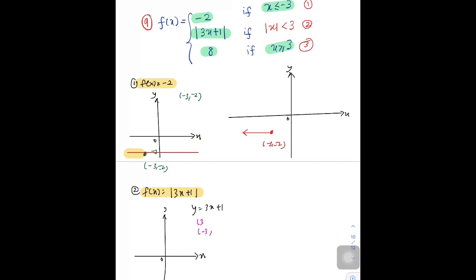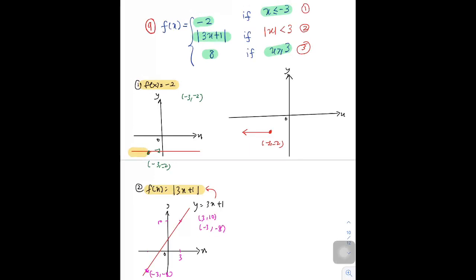When x is equal to 3, let's substitute here. It becomes 10. When x is equal to minus 3, this will be equal to minus 8. When you put the points 3, 10 and minus 3, minus 8, just connect them and you'll find a straight line. Now we want to find the modulus of 3x plus 1, meaning we don't want any negative value here.